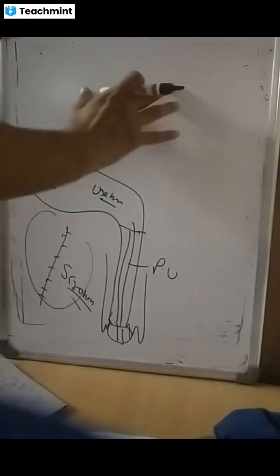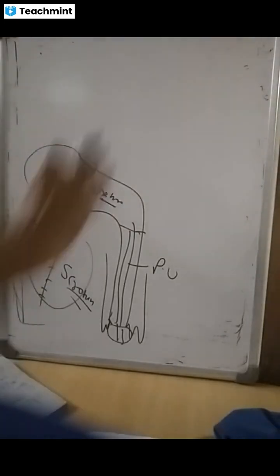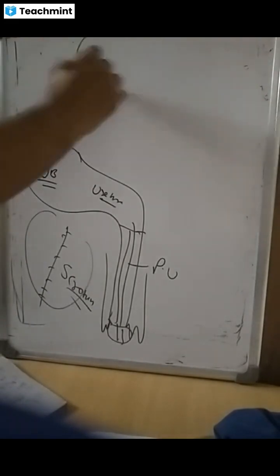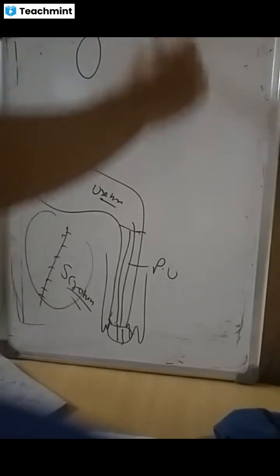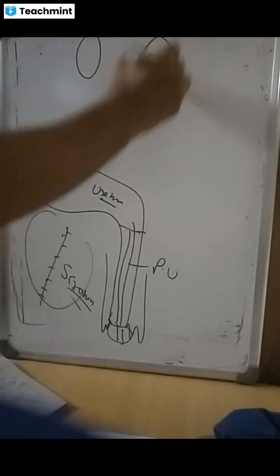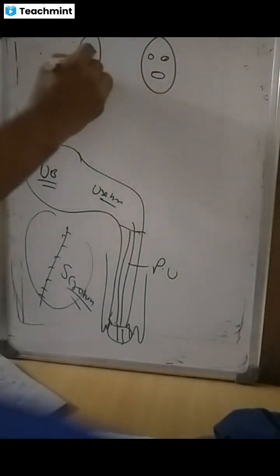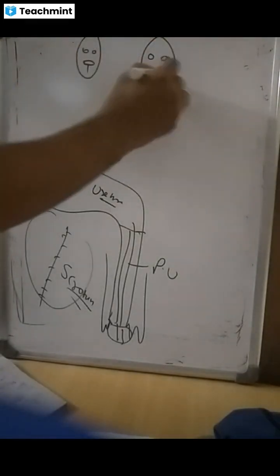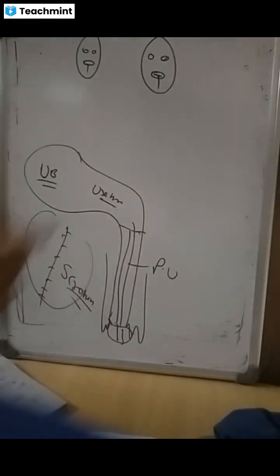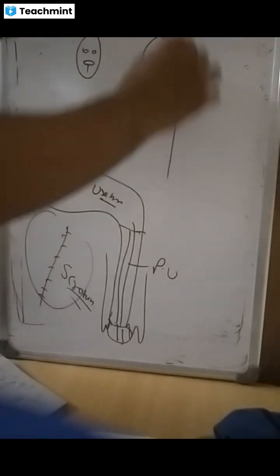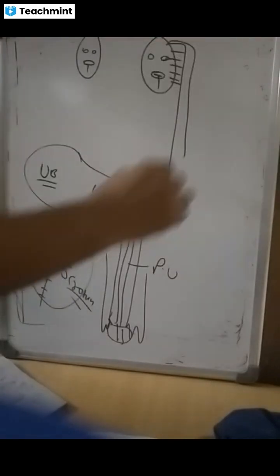Simultaneously, in case of male, along with this, some other embryological processes are also going on. These are the gonads of the male, these are the testicles. These are having nephric tubules which fuse and come here.